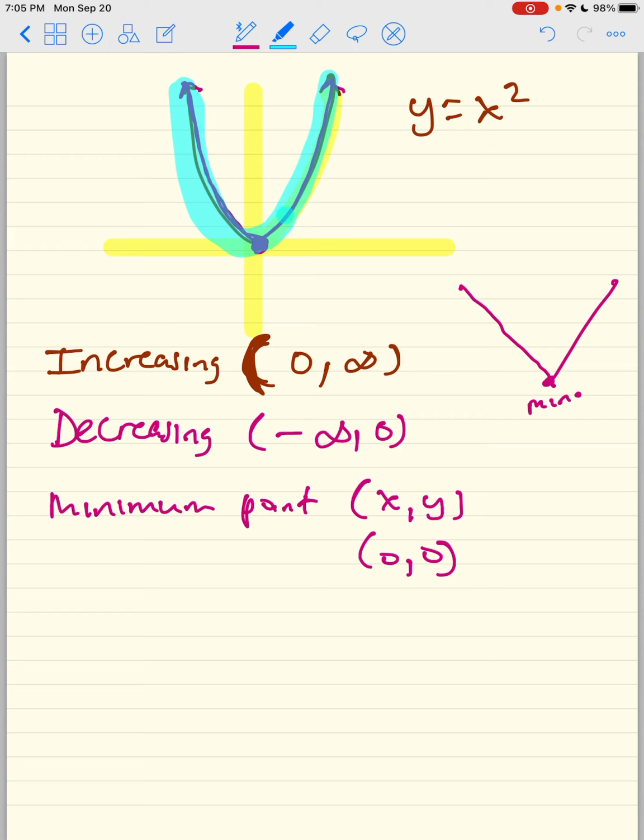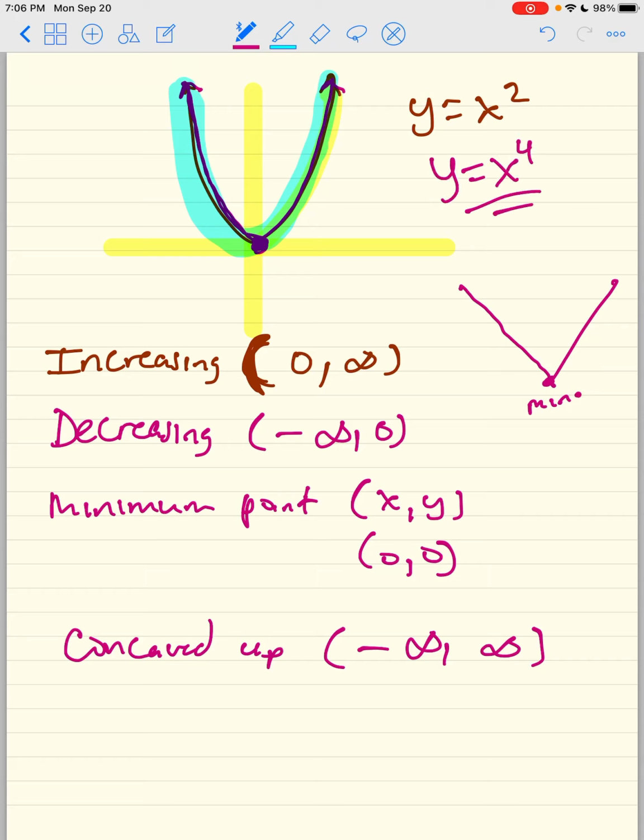So up like a U. Therefore, it's concaved up from the interval negative infinity to positive infinity, the whole thing. So once it's concaved up, there's no point of inflection. A point of inflection is when you switch concavity. Actually, this and x to the fourth, because they're just the same picture, except for x to the fourth speeds up quicker, is exactly the same.